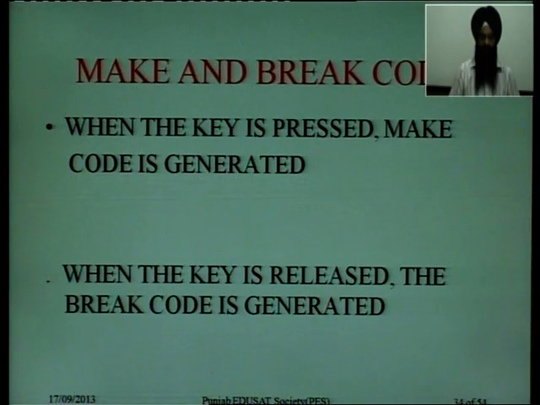And when this G key is released, then the break code will be generated. Make code after pressing and break code after releasing. So these two will be the unique codes for each key.